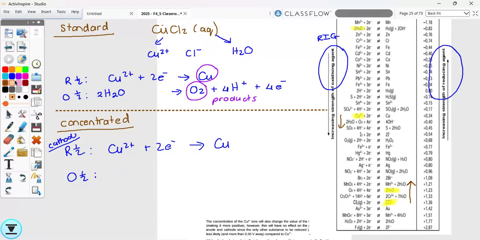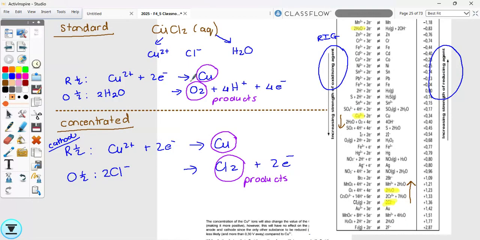Because it is concentrated, it is now a stronger reducing agent, and the Cl- to Cl2 reaction that's going to form Cl2 plus 2 electrons is the one that actually is going to take place. So now my products are not copper and oxygen. Your products are going to be copper and chlorine gas. And this becomes very important in the industry, because often they want to form chlorine gas or they want to form oxygen gas.